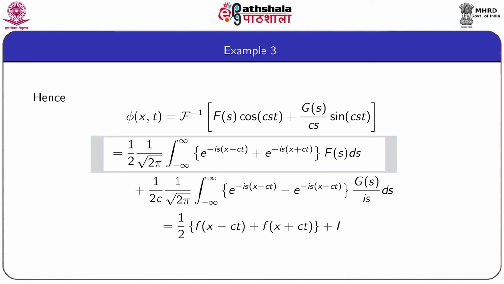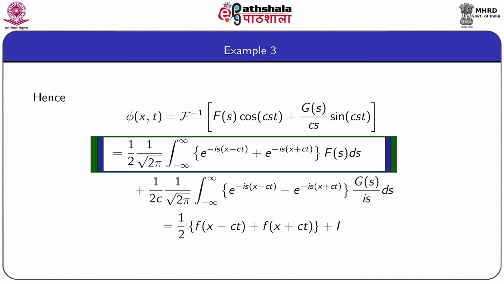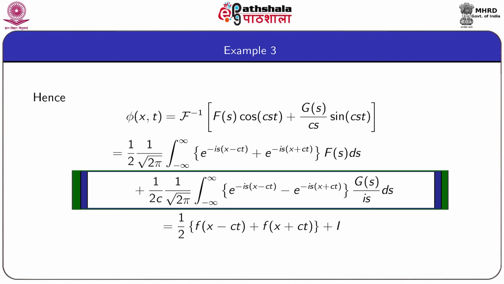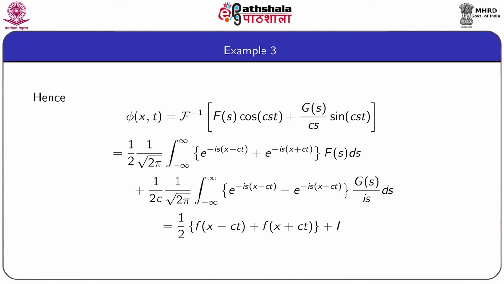That is given by half of 1 by root over 2 pi integral from minus infinity to plus infinity e to the power minus is (x minus ct) plus e to the power minus is (x plus ct) into F(s) ds plus 1 by 2c into 1 by root over 2 pi integral minus infinity to plus infinity e to the power minus is (x minus ct) minus e to the power minus is (x plus ct) into capital G(s) by is into ds.